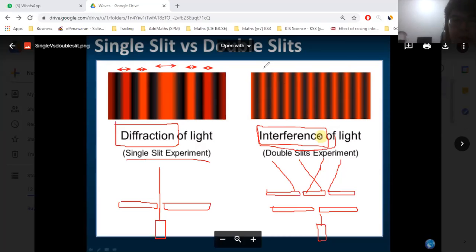And for interference, you will see the distances are all equally spaced, very nice and uniform. This is the difference between these two.